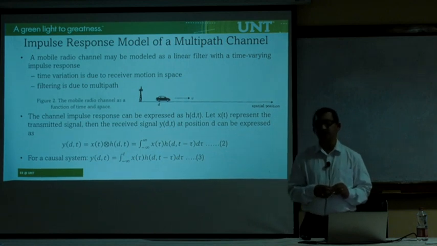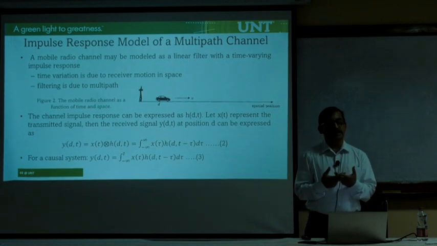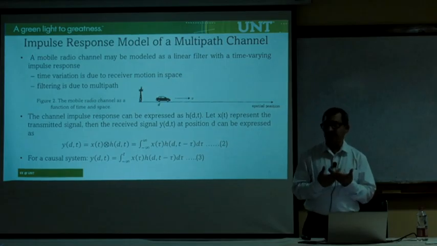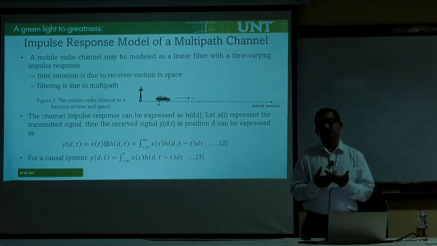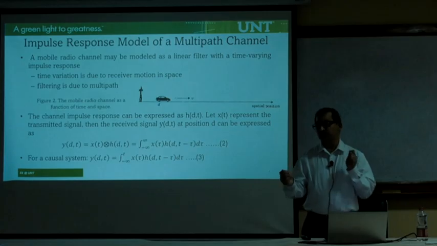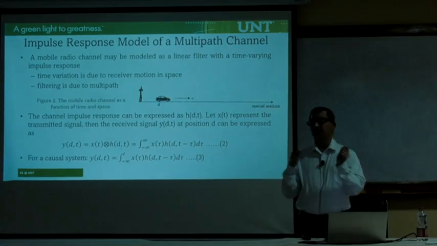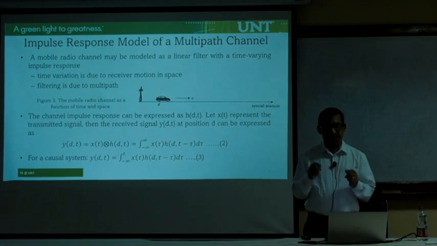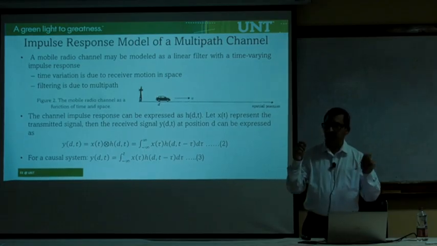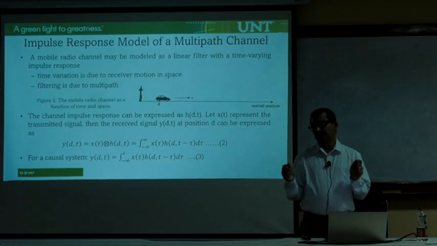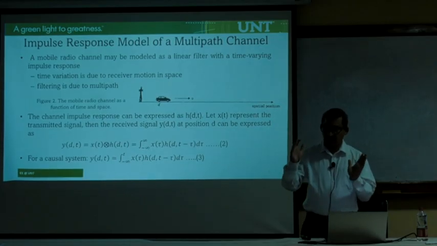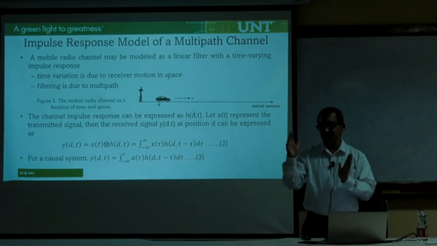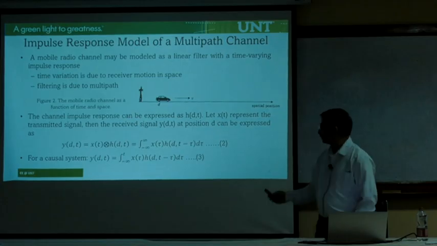So ultimately, for the channel model we want to come up with an impulse response of the channel that explains the relationship between input and output. X is the transmitted signal, Y is the received signal. Whether it is an air-to-air channel or air-to-ground, all we want to do is model that relationship in the form of a system.